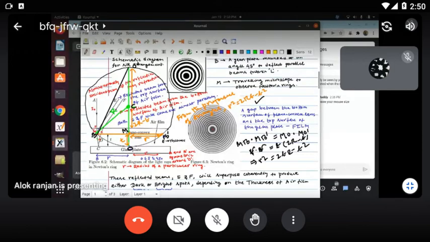Okay. So if somebody asks you a question, instead of monochromatic light, if someone uses polychromatic light, what will happen to this ring structure? Anybody can answer?